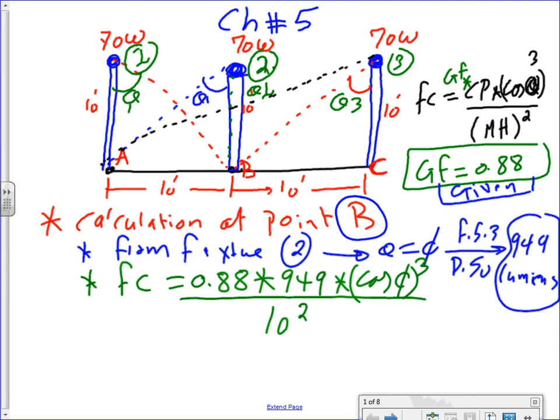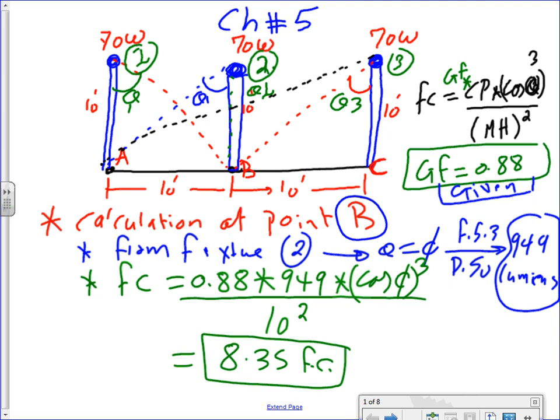If you do this, ladies and gentlemen, you have just got yourself a healthy 8.35 foot candle. Any comments, any questions? That's the contribution of fixture 2 at point P. Does that make sense?